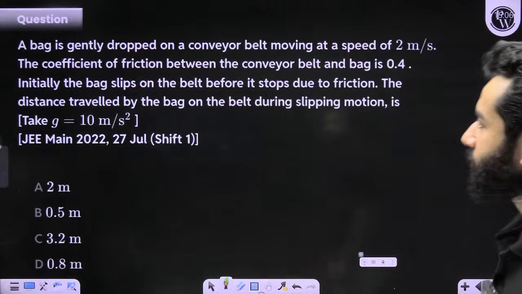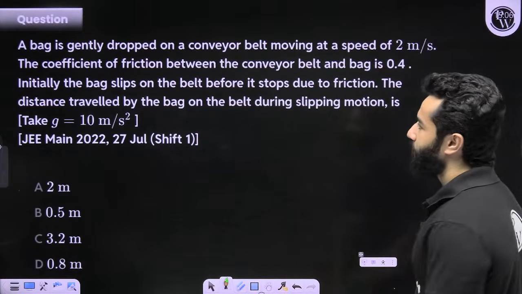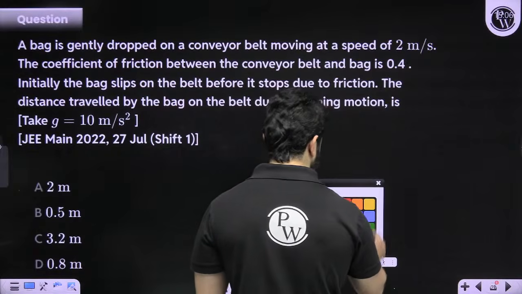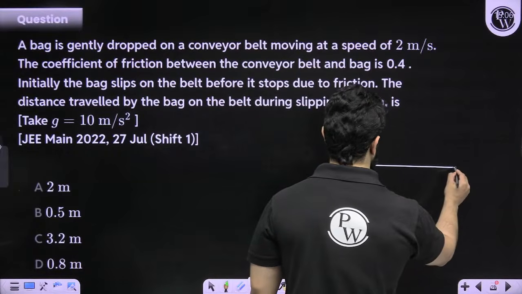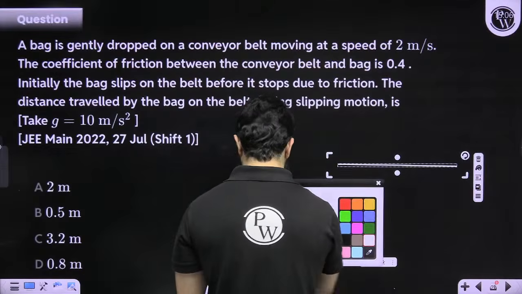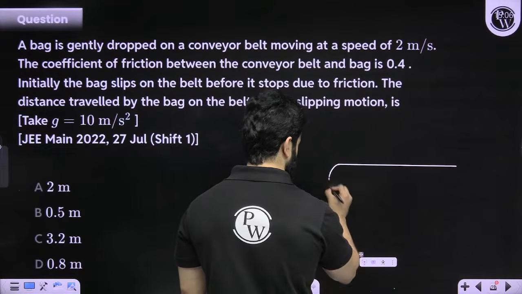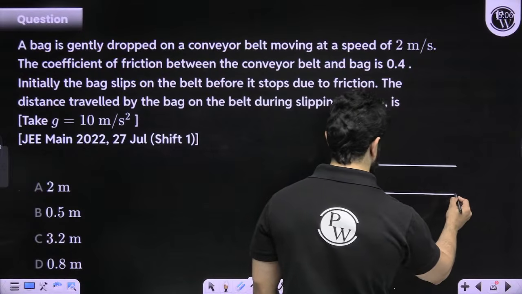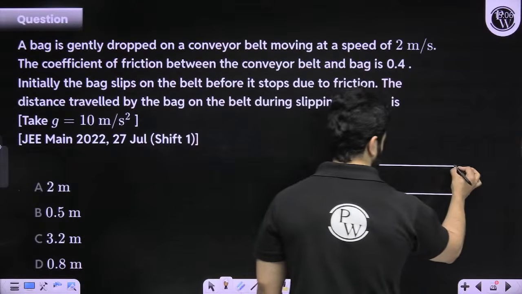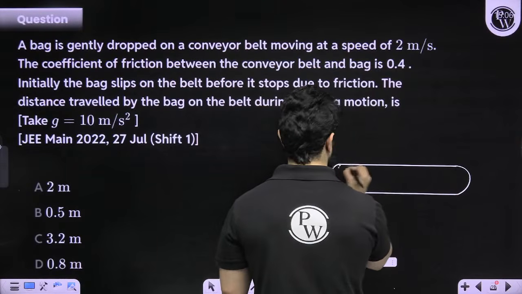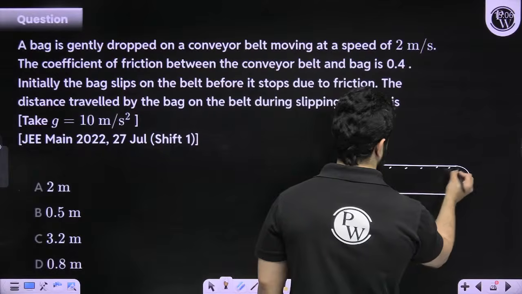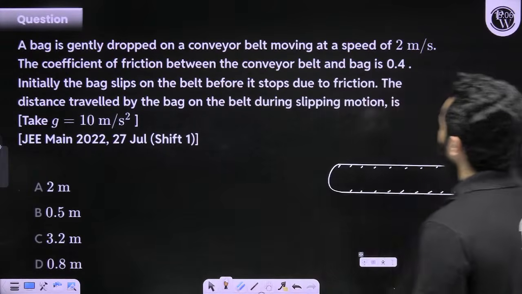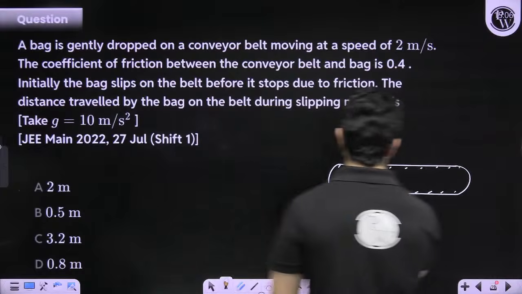Everything's clear? In this question, they are saying a bag is gently dropped on a conveyor belt. So you have got a conveyor belt like this, and it is moving at a speed of 2 meter per second.